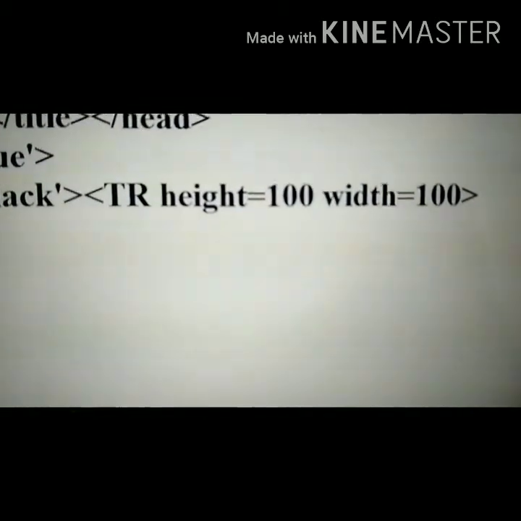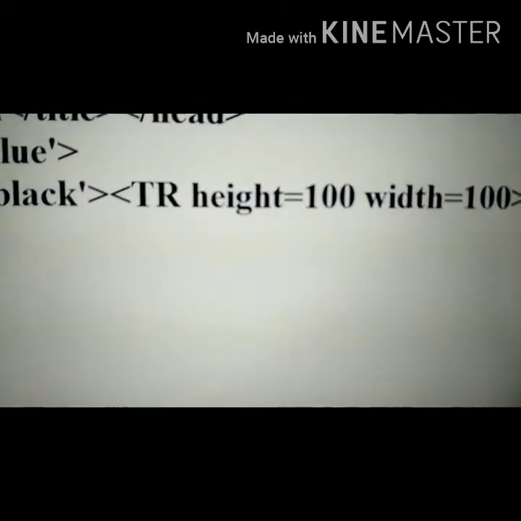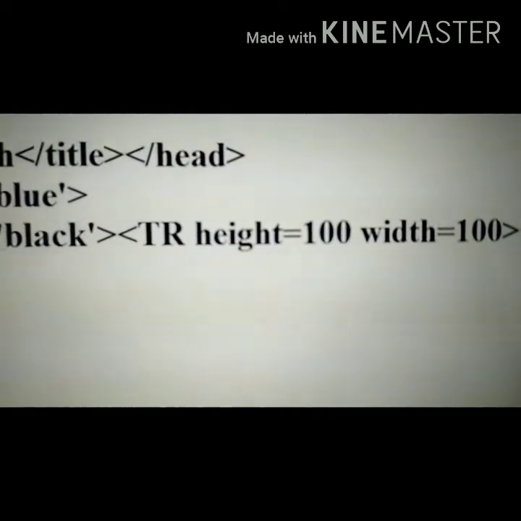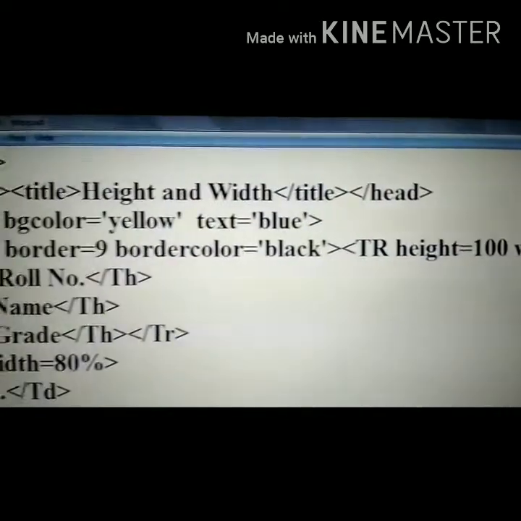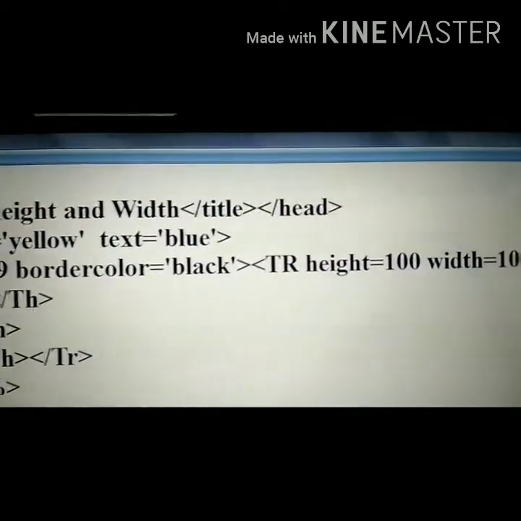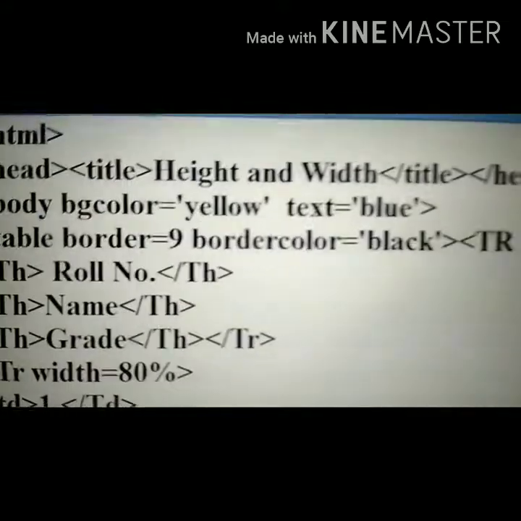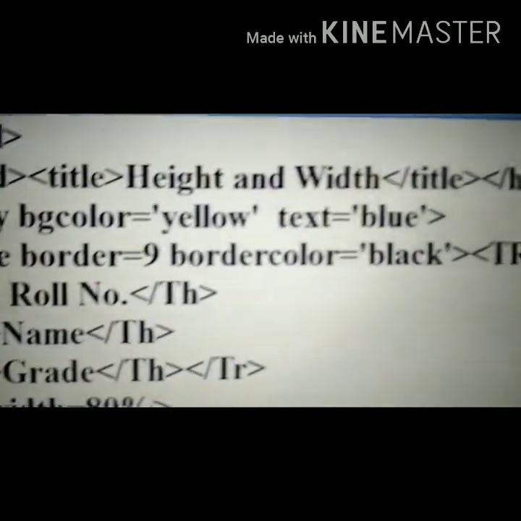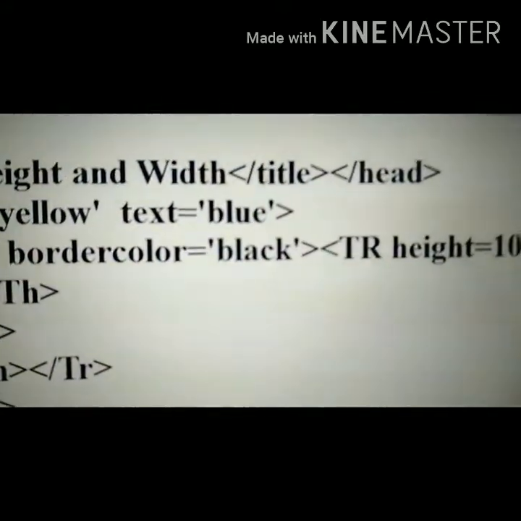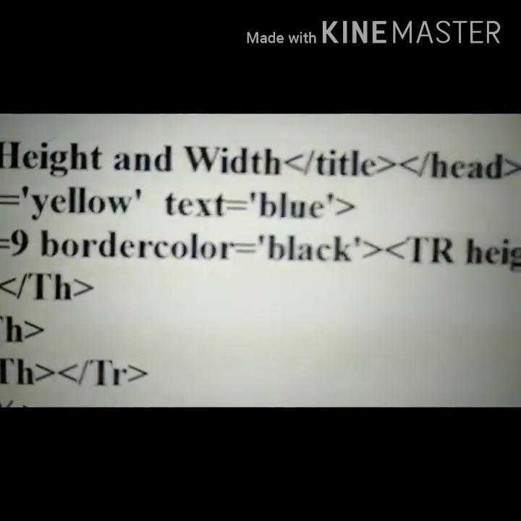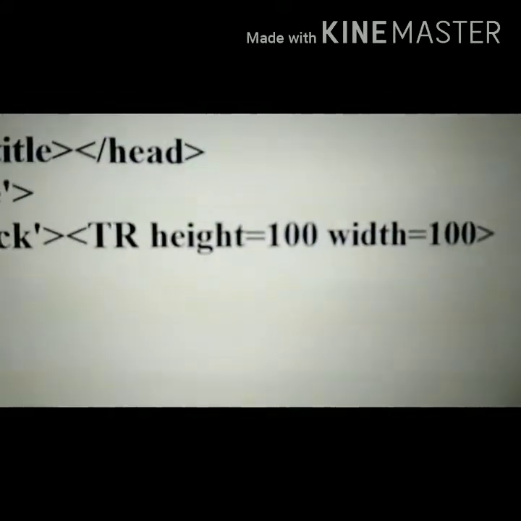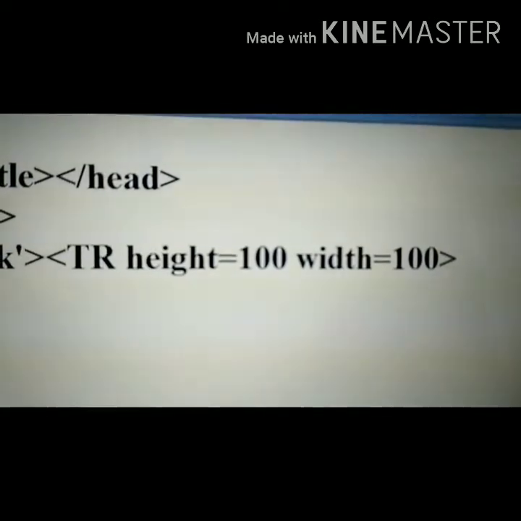See, this height is going to be applicable for this table row only, not for the full table. If we have to give this height and width 100 for the table, then we have to write it over here: table, border color, height and width. But we are closing this tag over here and we are writing TR, height is equals to 100, width is equals to 100.